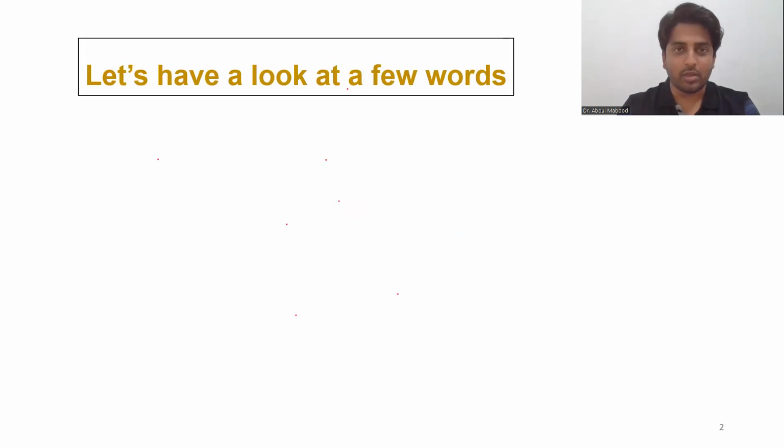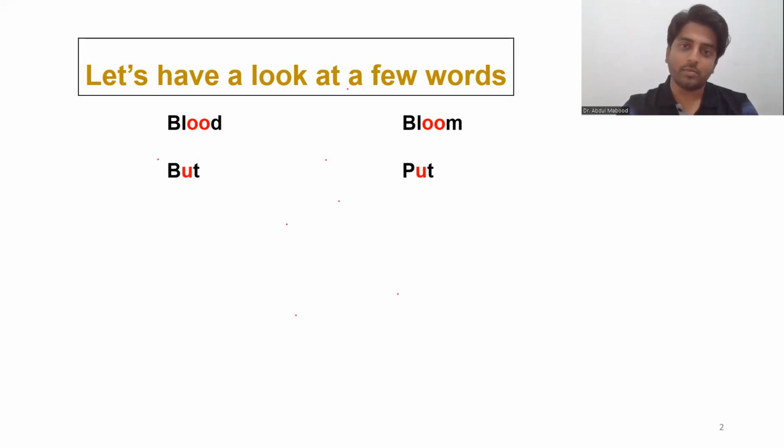Let's have a look at a few words. The first word here is blood, and the second word bloom. So the pair of words you can notice. I will give a number of words. Next word, but and put. Again, though and through.